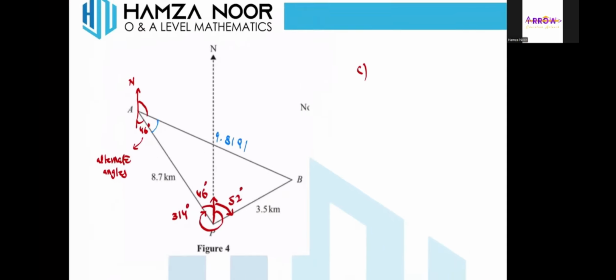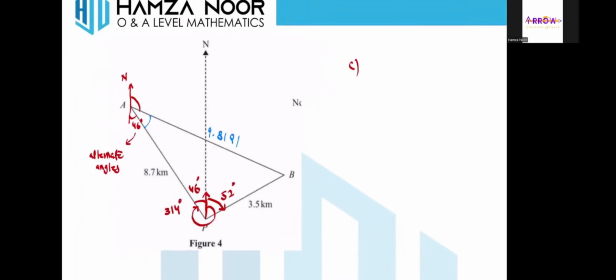All right. So what we can do is use the cosine rule as well, or we can use the sine rule as well. So if I use the sine rule over here, I can say that sine 98 degrees divided by the length of AB, which is 9.8191, is equal to sine PAB, or you can simply say sine A, sine PAB divided by 3.5 kilometers.